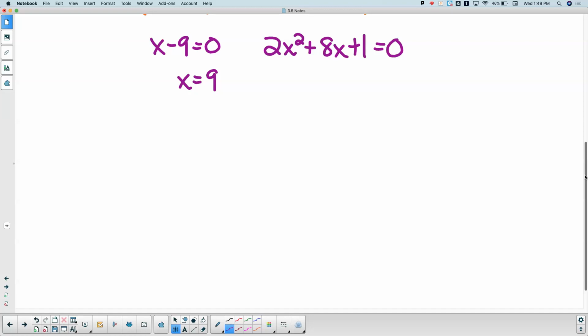How can we solve that if it's not factorable? What is it? You've seen it before. Degree of 2. What do we call those?